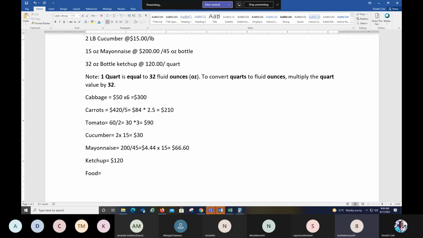So what we're saying now is the food cost will have been added up. The 300? Wow. No, I am putting the figures together. The 300 was the first one, plus 210, plus 90, plus 30, plus $66.60, plus 120.